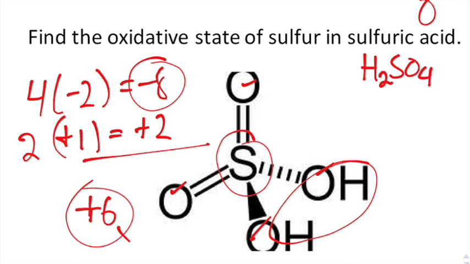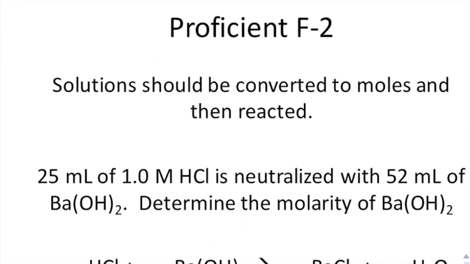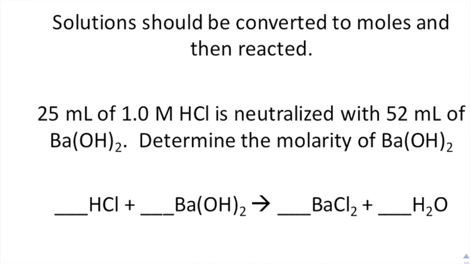Sulfur is stable either by gaining 2 electrons or losing 6 electrons, according to the trends on the periodic table. So hydrogen is +1, oxygen is -2, and sulfur is +6.